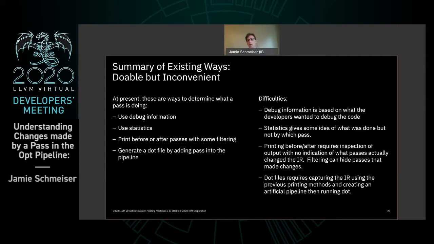Filtering methods for print before and print after can be used to limit the amount of output, but there remains the major limitation that there is no indication of whether a pass actually changed the IR. One must extract the bits of the IR and do comparisons of the before and after IR until the instance of a change is discovered.